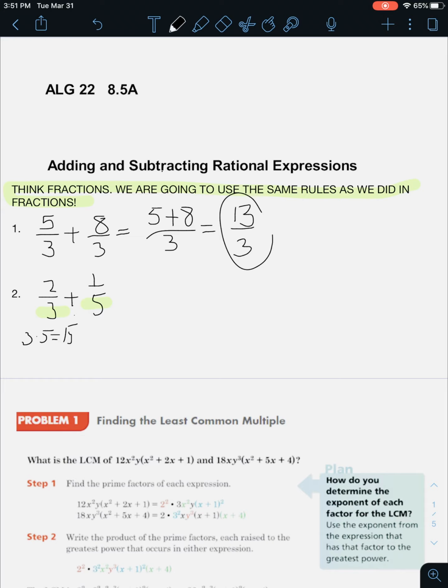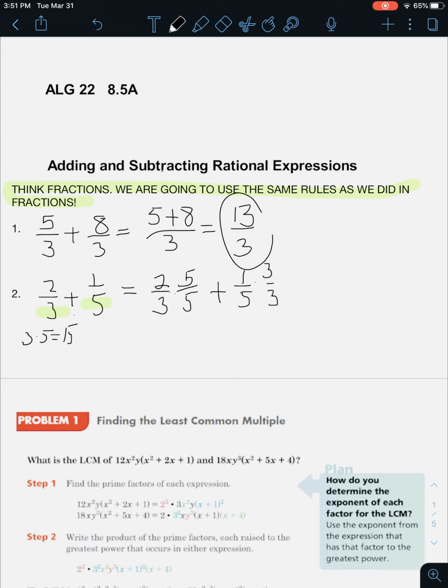What do I have to multiply by 3 to get 15? That would be 5, so we'll take our 2/3 and multiply it by 5, but I can't just introduce a 5 in the denominator. I have to introduce it by multiplying by 1. So we'll make it a 5/5 and multiply those together. And then I will do the same thing with the 1/5, using now what times 5 would give me 15, and that would be 3, and then I have to do a 3 in the numerator as well.